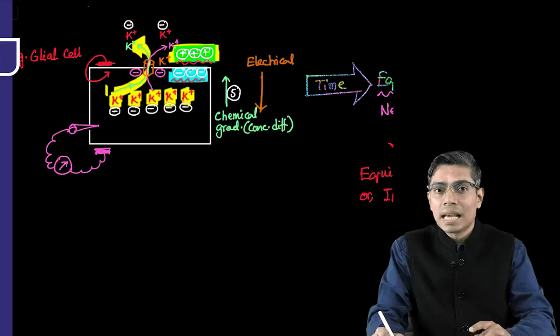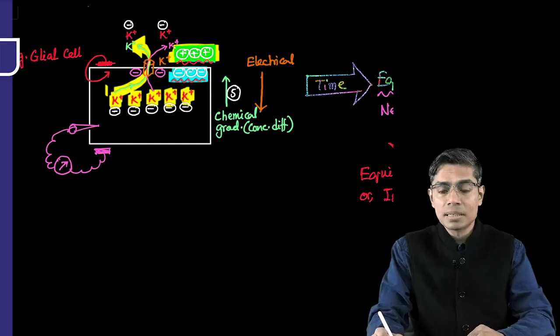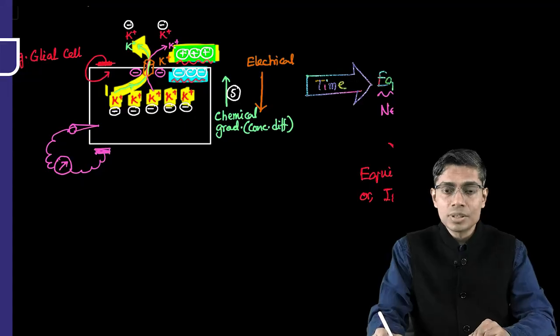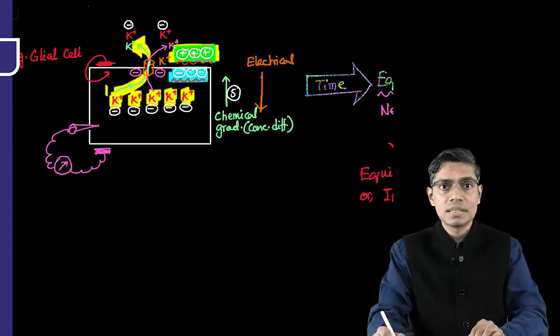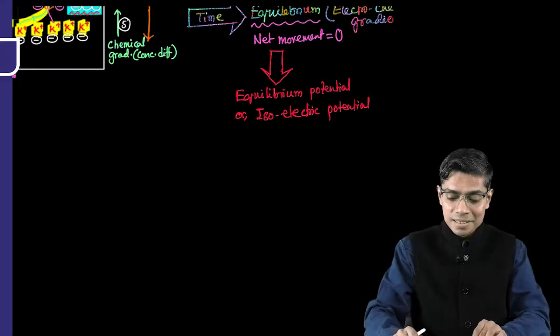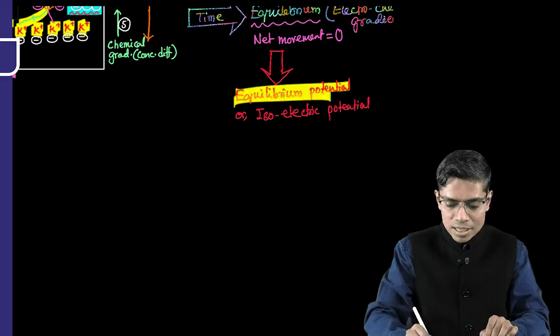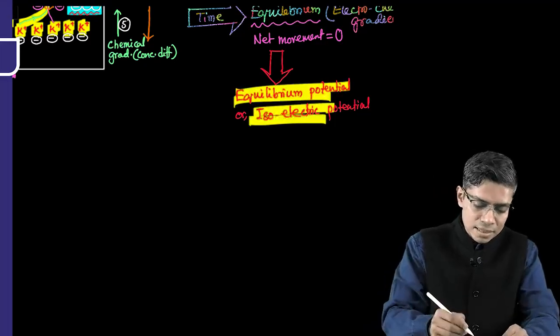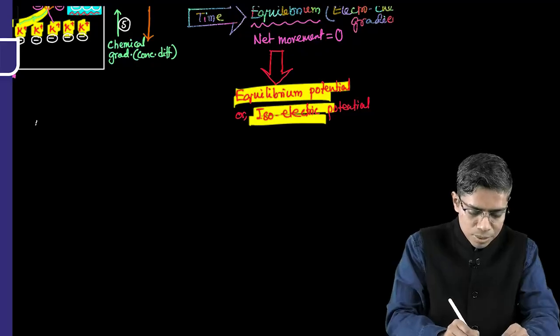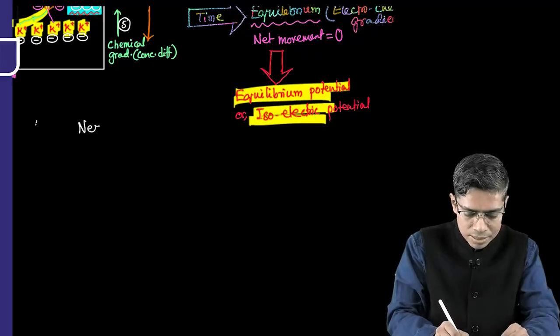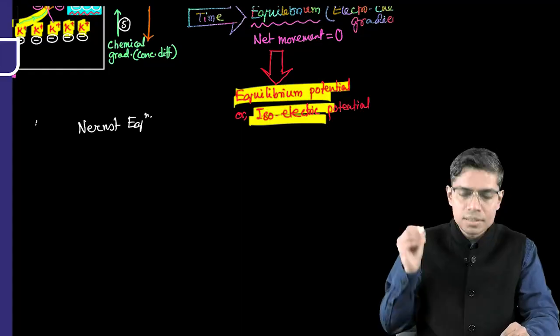Can I calculate this equilibrium potential by some mathematical equation rather than this kind of setup? Answer is yes. And this calculation of equilibrium potential or isoelectric potential is done by an equation, and that is known as the Nernst equation.